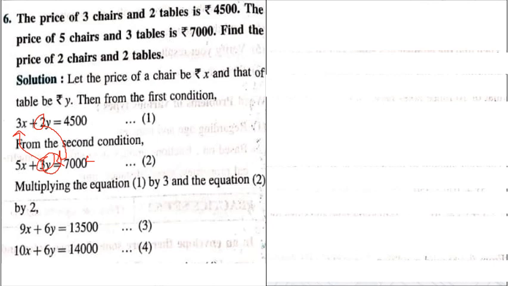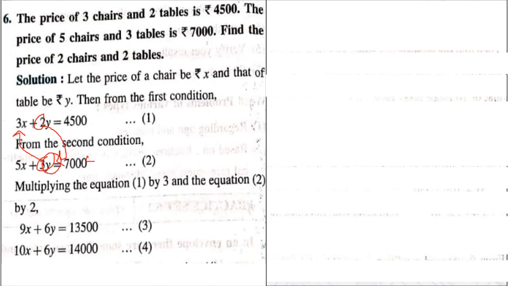Let's number this as equation number 3. Now we multiply equation 2 by 2. That is 5x into 2 is 10x, plus 3y into 2 is 6y, is equal to 7,000 into 2, which is 14,000. So that's how we get equations 3 and 4, wherein we have equated the coefficient of variable y.